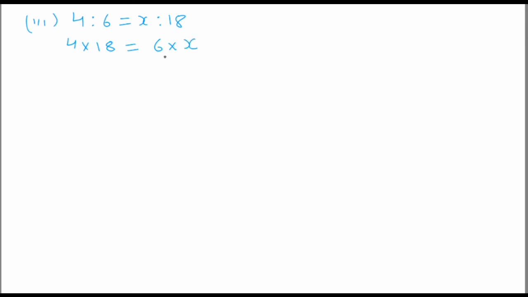Again we'll take this to the left hand side, and we'll find the value of x. Six ones are 6, 6 threes are 18. And now 4 threes are 12. The value of x is 12.